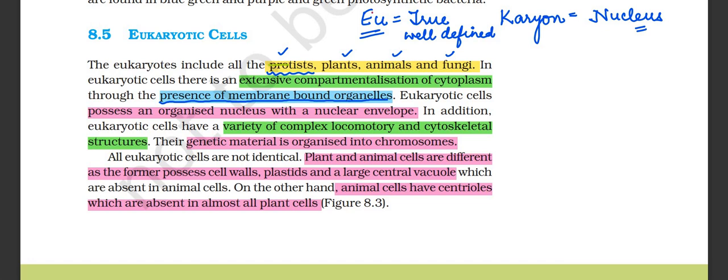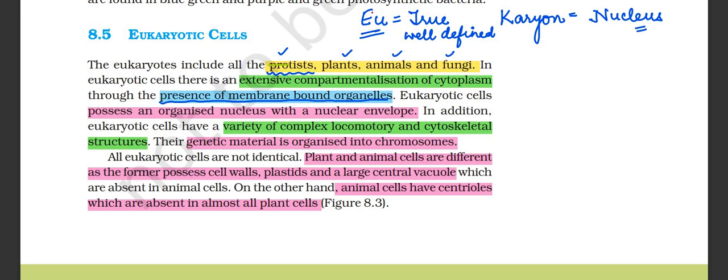In addition, eukaryotic cells have a variety of complex locomotory and cytoskeletal structures. Locomotory and cytoskeletal structures are cilia and flagella that have a complex structure. In my previous videos on prokaryotic cells, you can see the structure of flagella.